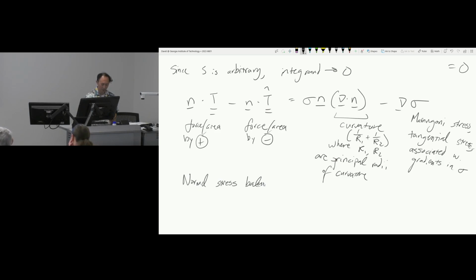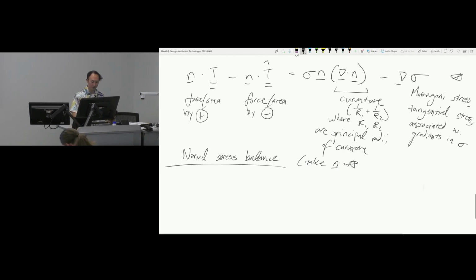So if you want to look at weight support, you want to look at the normal stress balance. And we basically take n dot of star, or this equation we'll call star. So this is the normal stress balance.